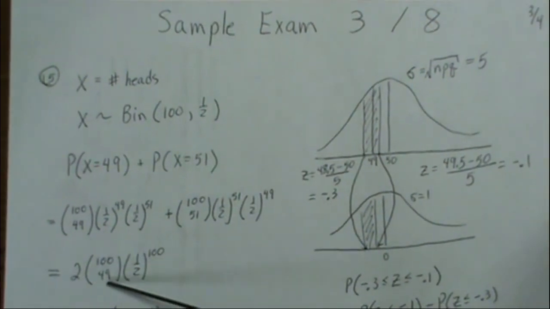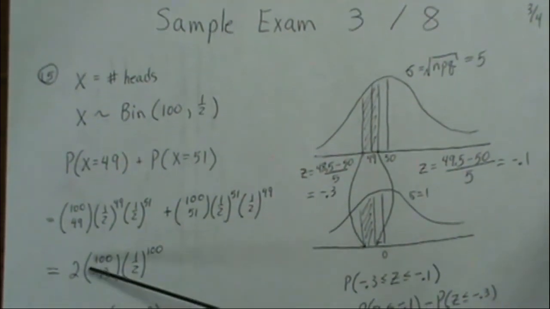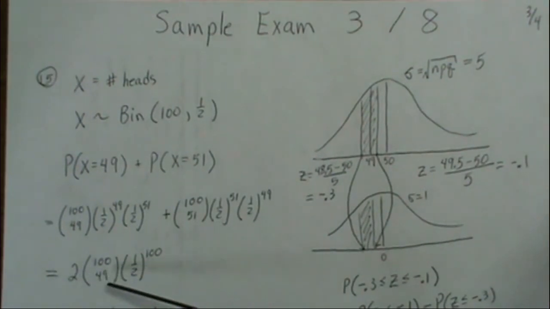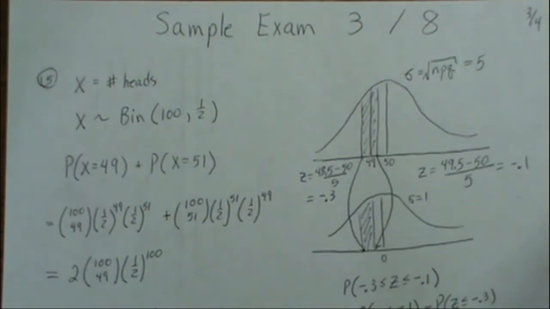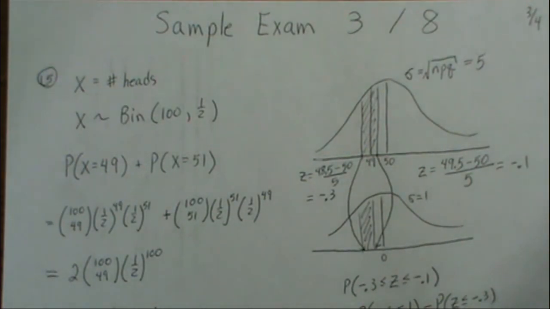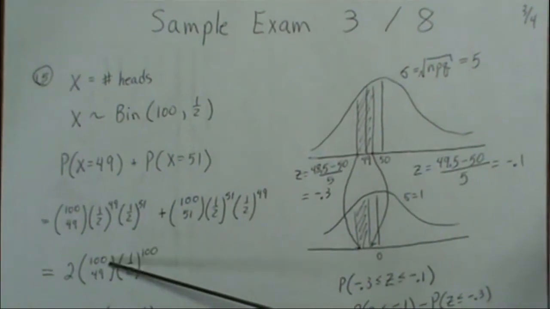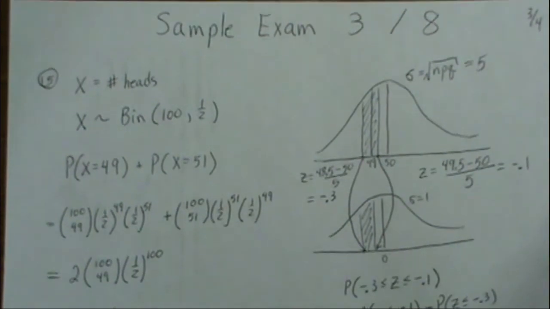So 100 choose 49, times 1/2 to the 100, times 2, is 2 times the probability that X equals 49. Well, this is actually going to be pretty tough to calculate, because 100 factorial is a big, big number.